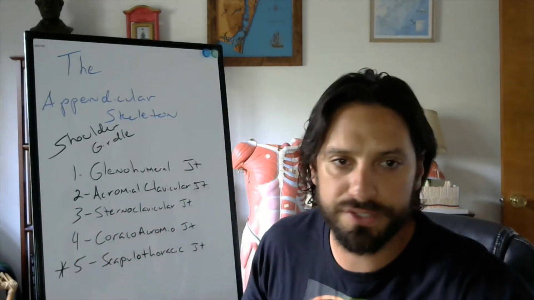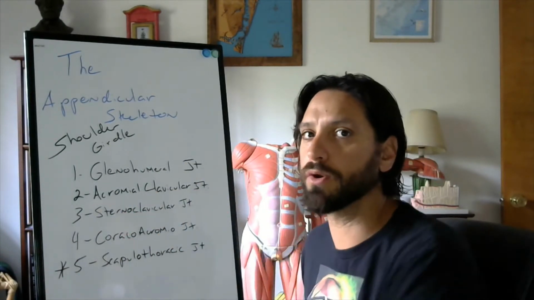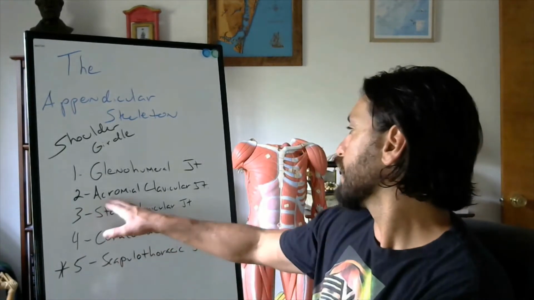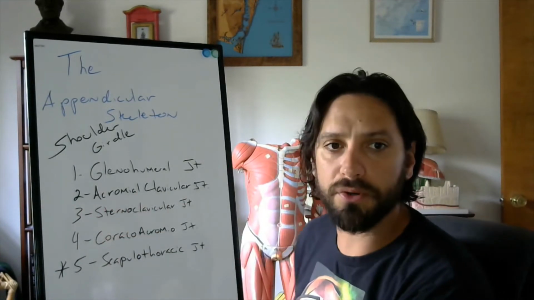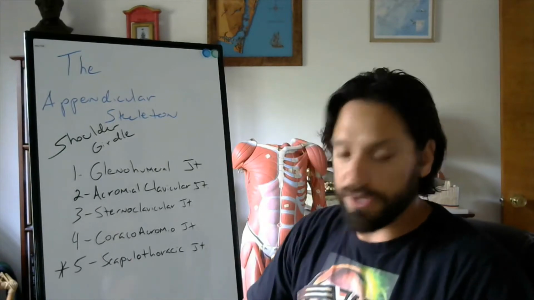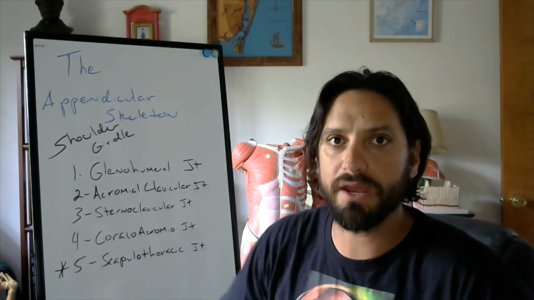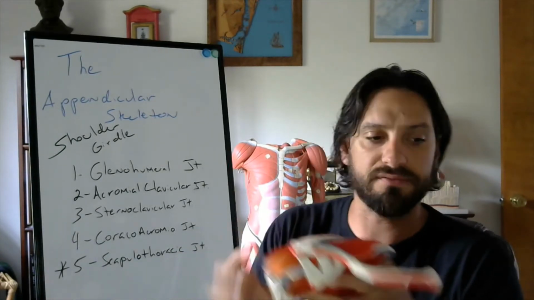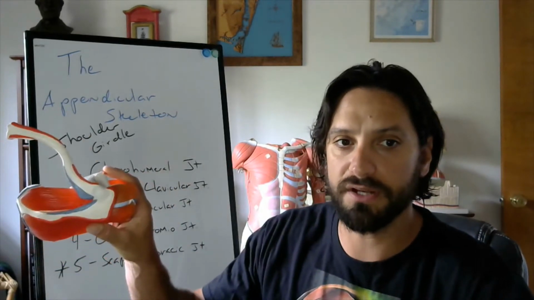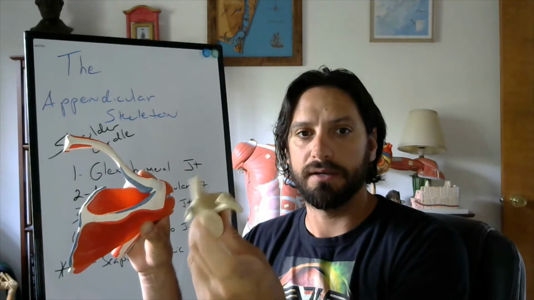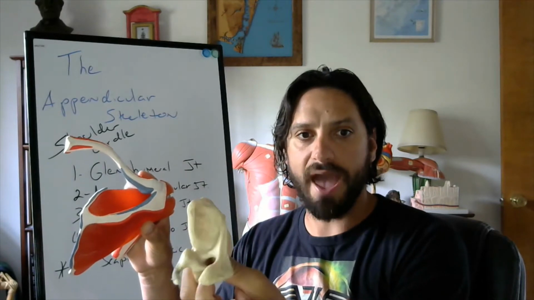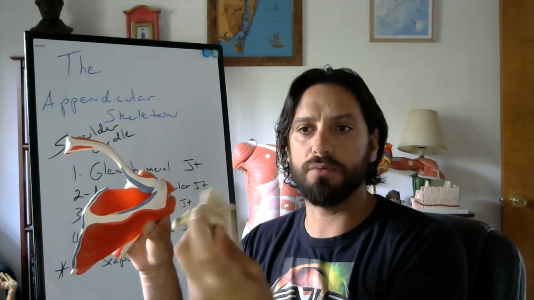Now there's other joints in the shoulder complex or shoulder girdle, all right? Like this one right here, the acromioclavicular joint. The acromioclavicular joint is made up of the acromion process of the scapula, which you can see on that model. It's right there, top-down view. It's also right here, okay? So on the superior aspect of the scapula, you can see the acromion, all right?